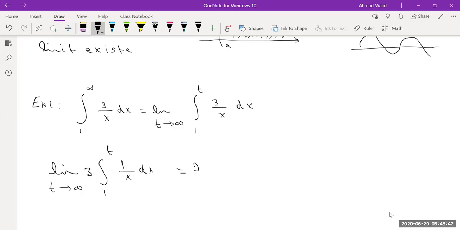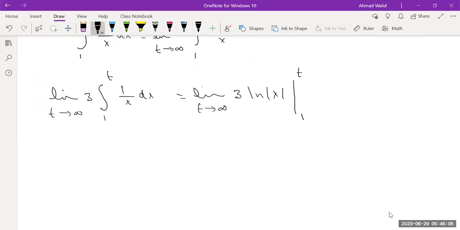Then you can write limit t approaching to infinity 3. What is integral of 1 over x? It's ln absolute value of x from where to where? From 1 to t. Before taking the limit, you have to plug in the upper and lower values here.